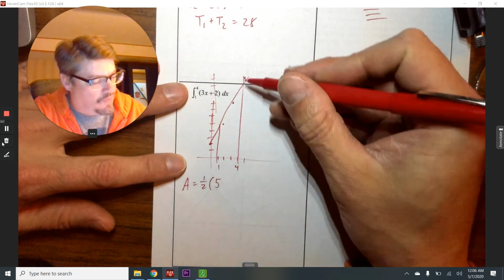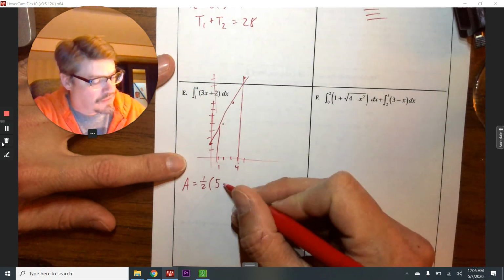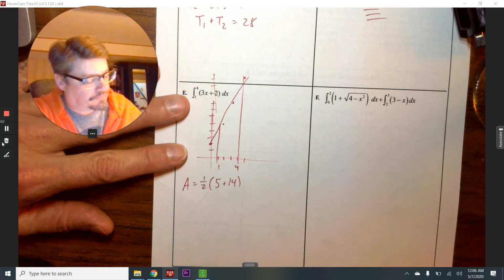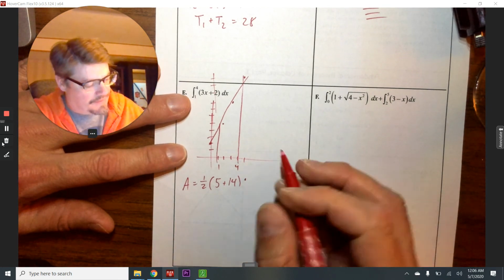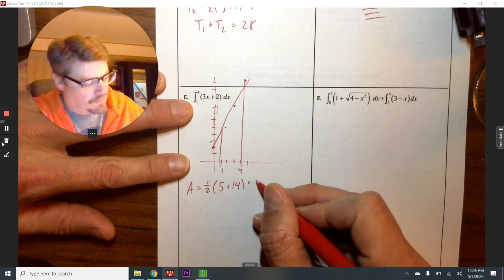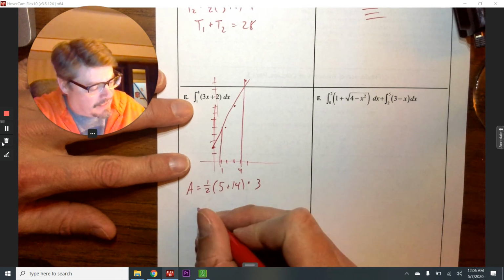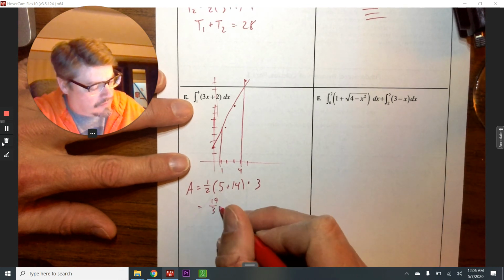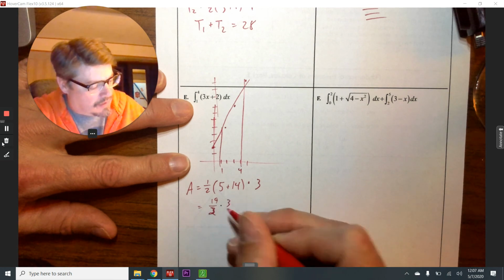When I plug in a 4, we get 14. Multiplied by the distance, the width, that's 3. So that's 19 divided by 2, times 3.